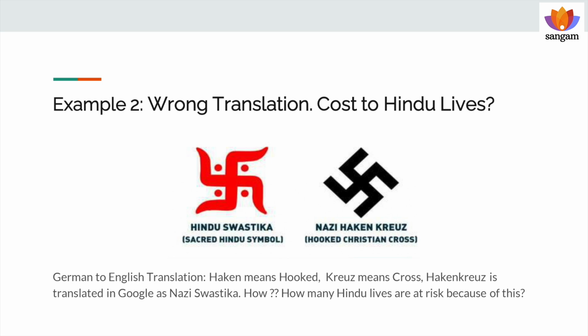Hooked cross. It's a hooked cross that was used by the Nazis. How can it be translated into swastika, which has nothing to do with Germans? So there is a deliberate mistranslation done by someone in history, and it has been perpetuated without question, kept going without scrutiny for so many years.